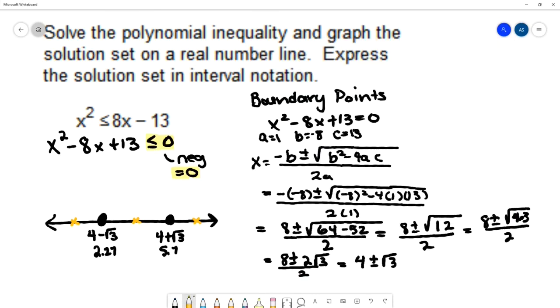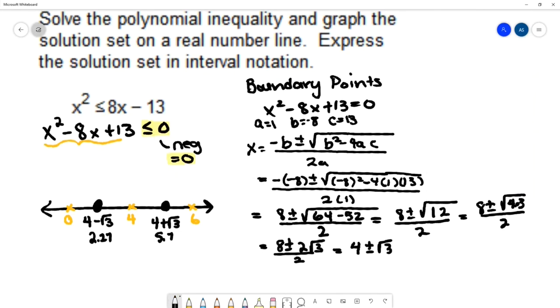So now I can be more careful about my test points. I need to pick something that is less than 2.27, and 0 is a good choice there. I need to pick something that's in between 2.27 and 5.7. Let's pick 4. And I need to pick something that's greater than 5.7. Let's choose 6.